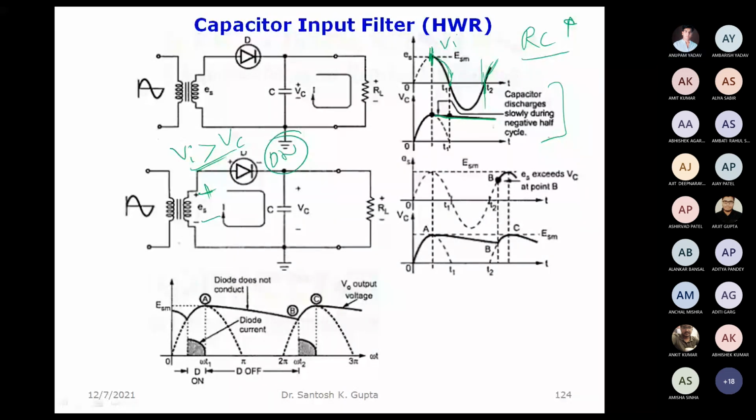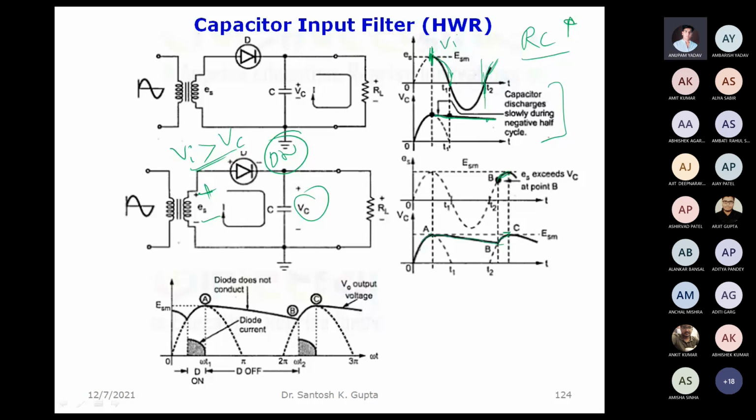It has discharged by the time T2, and after that, the input voltage exceeds the potential held by the capacitor, and it starts charging again. The voltage across the capacitor changes like this to a certain value, and after this it again charges to the peak value Vm, and the things repeat for the further cycles.